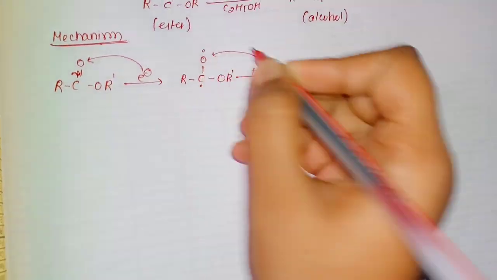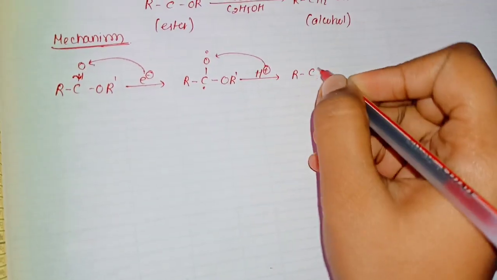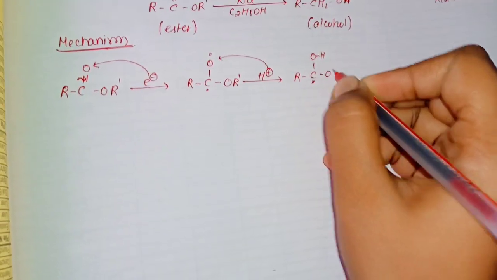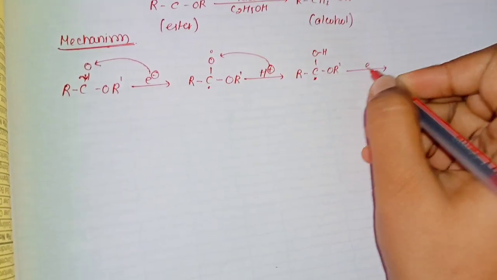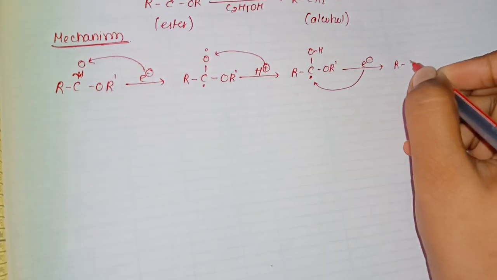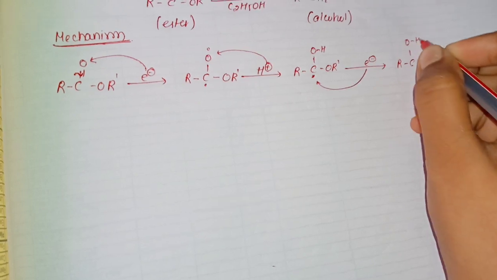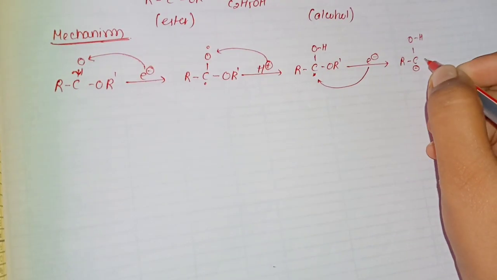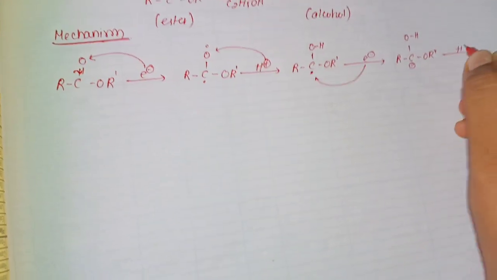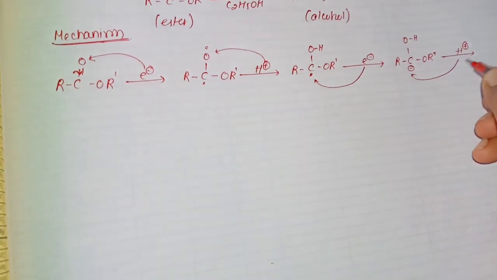So it will react with oxygen. R–C–O–H free radical on carbon, bond OR', which can react with an electron. Now the carbon will react: R–C–O–H with negative charge, bond OR', which can react with hydrogen.